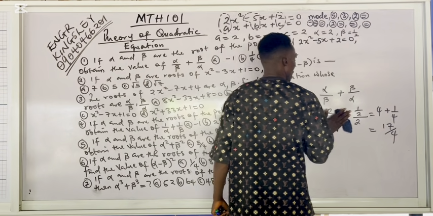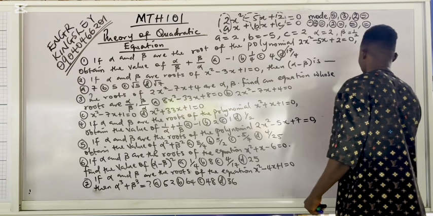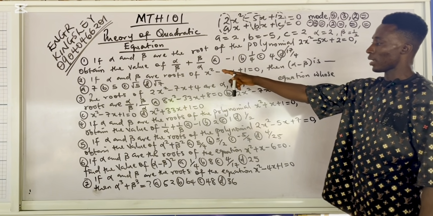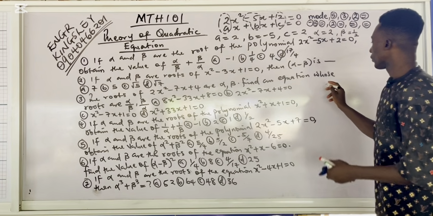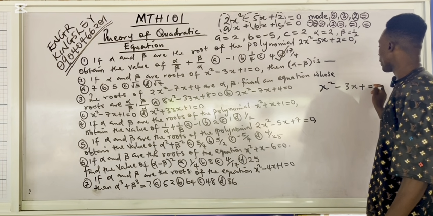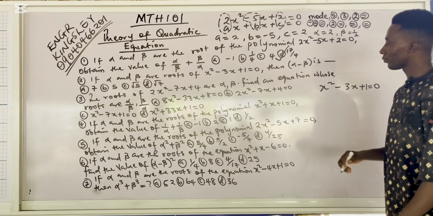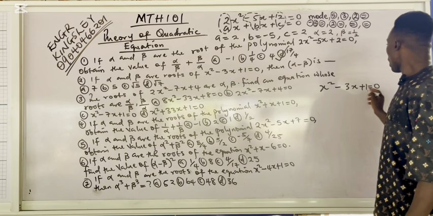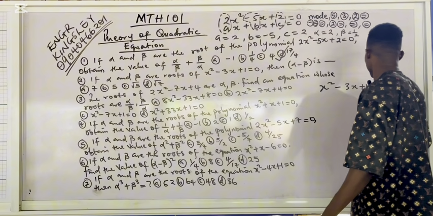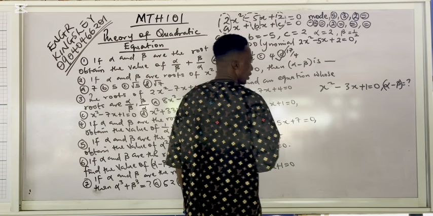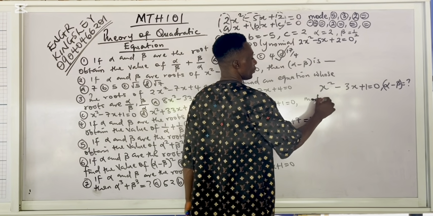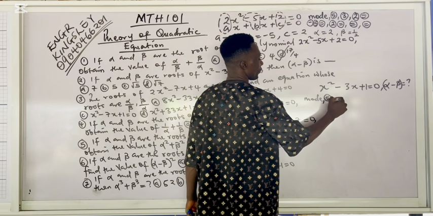Okay, in question 2, they said if alpha and beta are roots of x squared minus 3x plus 1 equal to 0, then alpha minus beta is what? Using the same approach, you press mode 5(3).